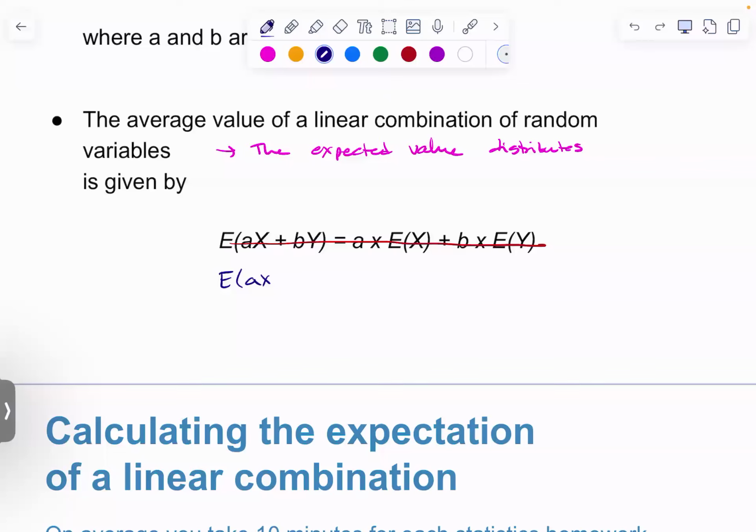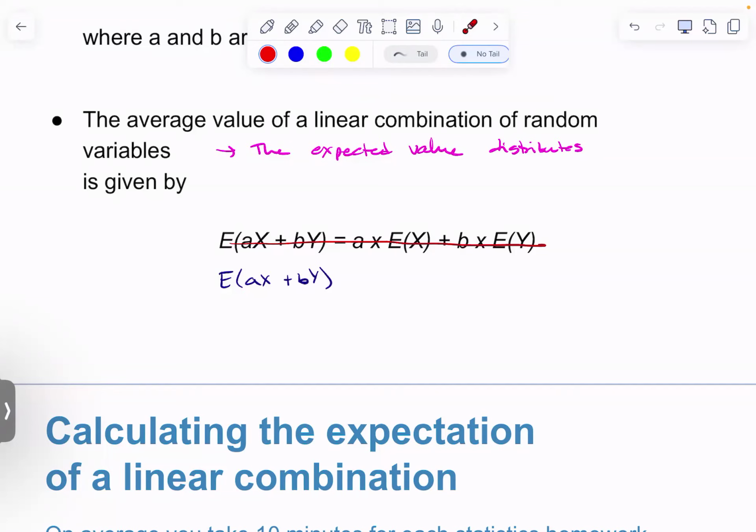Oh, ax plus by. What happens is a is just some number, and so the expected value of that number is just itself, right? It can only be 4, right? And so then you would say, well, then I'm expecting 4 to be 4 always.